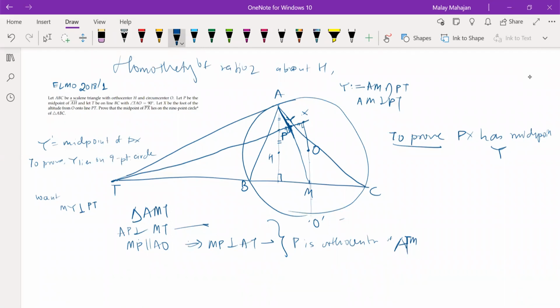So you basically need to prove AMXT is cyclic. Yeah, that circle with diameter OT.